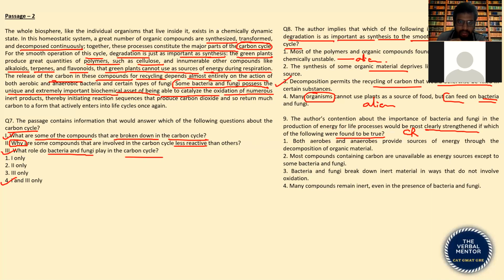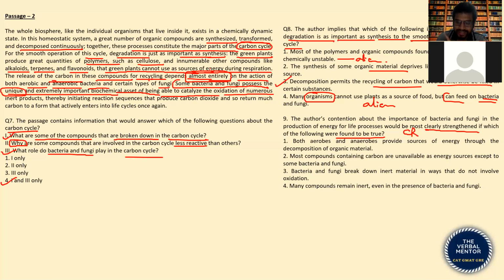Author says some bacteria and fungi possess the unique, okay, this word is important, and extremely important biochemical asset of being able to catalyze the oxidation of numerous inert products, and also the release of carbon in these compounds for recycling depends almost entirely on the action of both aerobic and anaerobic bacteria and certain types of fungi.